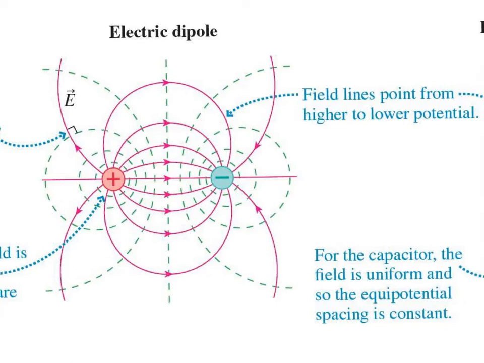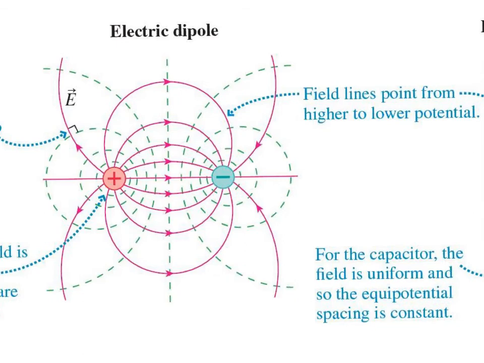Where the equipotential lines are really close together is where the field is strongest, and where they're more spread out is where the field is weakest. Everywhere on this diagram, we've got perpendicular equipotential lines and field lines.